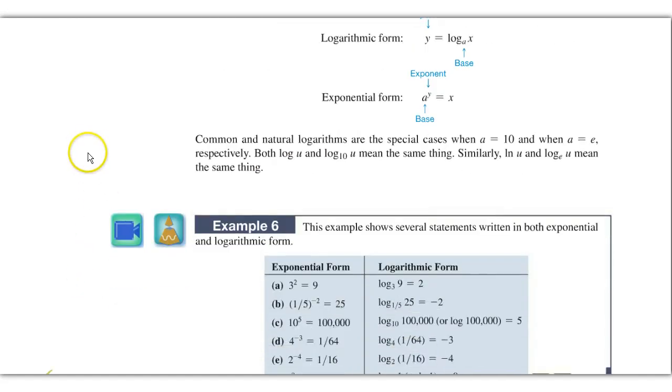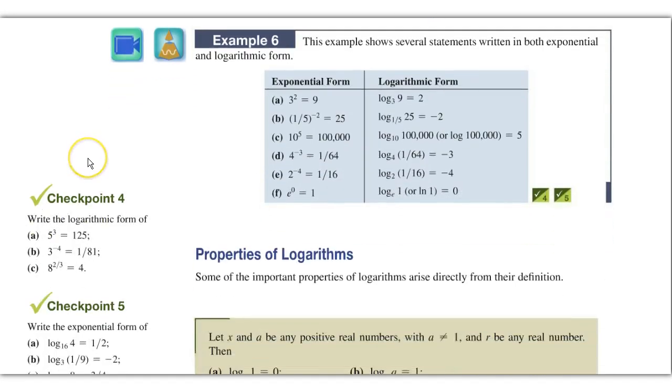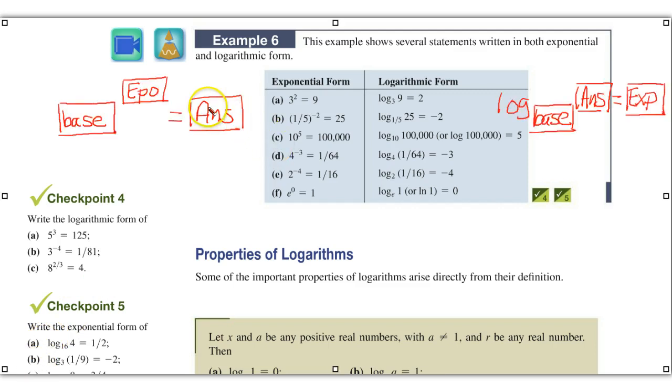Okay, let's go on to example 6 now. This shows several statements written in both exponential and logarithmic form. So let's spend some time looking this over. And let's keep in mind that little pattern we set up in the beginning of this lesson, that in its exponential form we have the base raised to an exponent equals an answer.